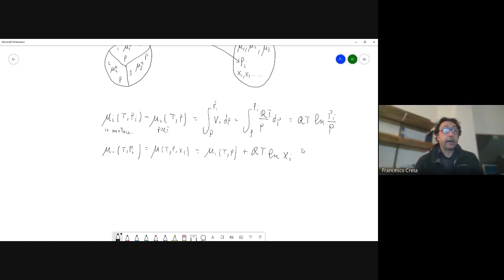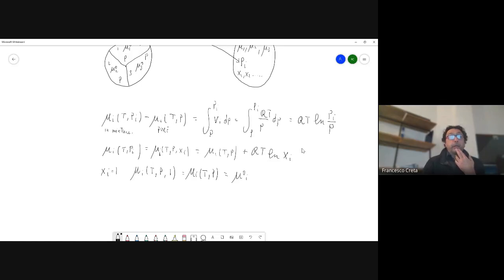If xi is equal to 1, then clearly the logarithm is 0, and we'll have mu I of T, P, which we can call mu 0 I, in its pure form.